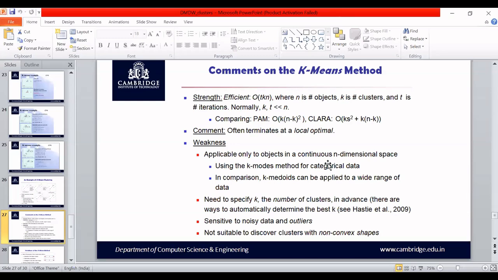If it is a smaller example like whatever we have considered, k-means is better. But whenever you take an n-dimensional space or objects which are complex, then it is difficult to categorize all the data points, especially categorical data. So your k-means cannot be applied for your categorical data.